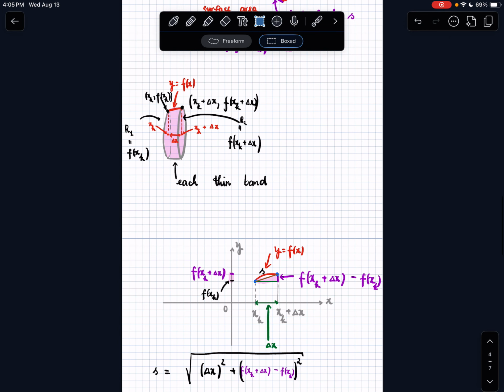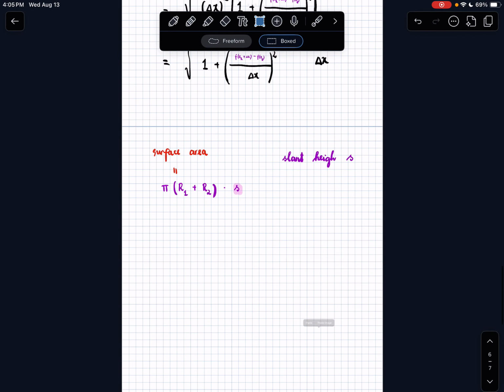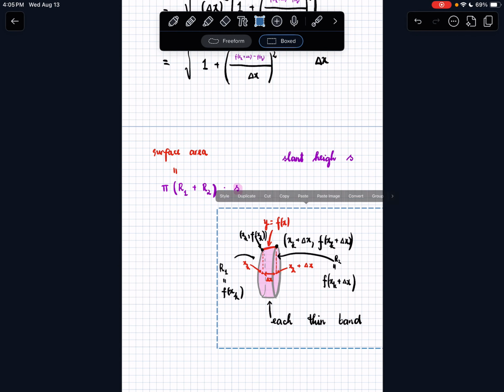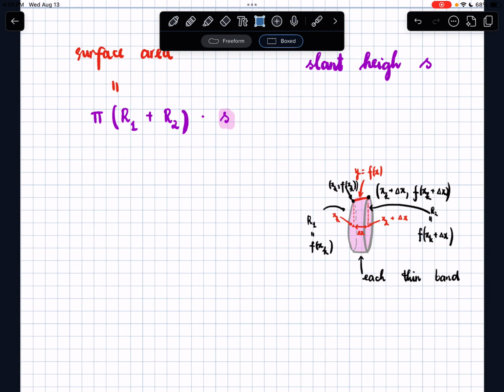R1 in our case is f of xk. R2 in our case is f of xk plus delta x.